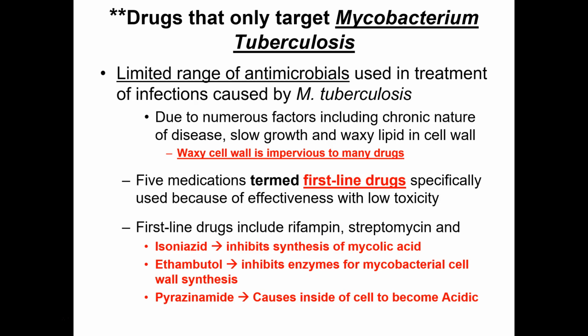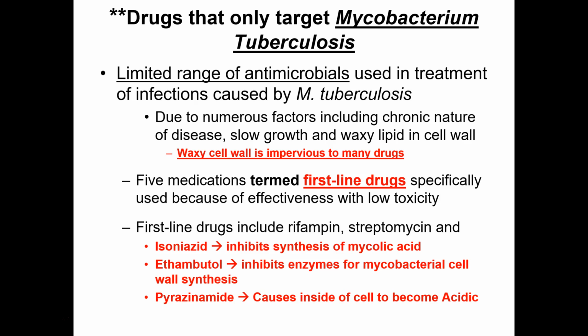So what do you do to treat tuberculosis? Well, they first will put you on a cocktail of first-line drugs. 5 different antibiotics. And not for weeks, for months, if not longer. In the cocktail, we've got streptomycin and rifamycin. Streptomycin is an anti-ribosomal.